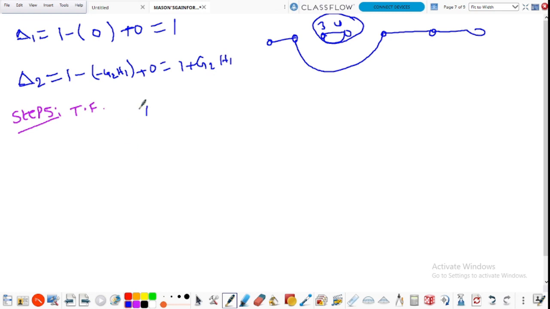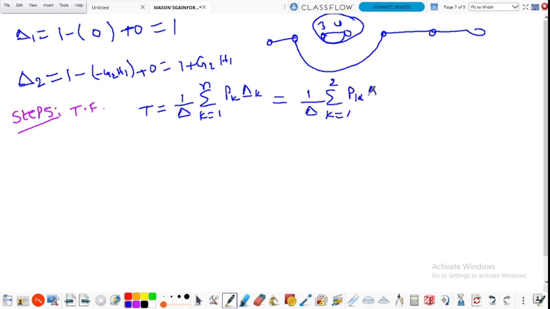The transfer function by Mason's gain formula, capital T is equal to 1 by delta, sigma k is equal to 1 to n, P suffix k into delta k. Now here, what is the k value? K value is 2. There are two forward paths. So 1 by delta, sigma k is equal to 1 to 2, P suffix k into delta k.